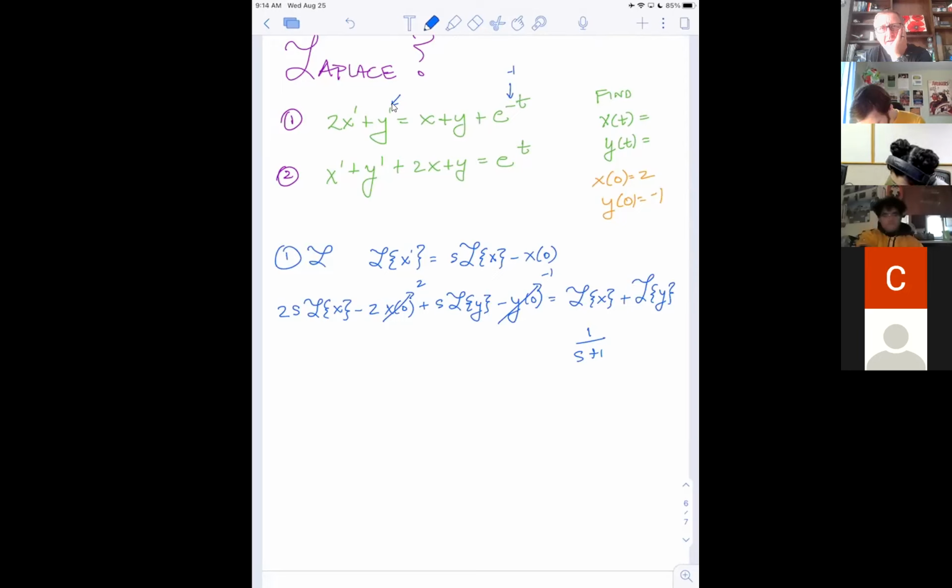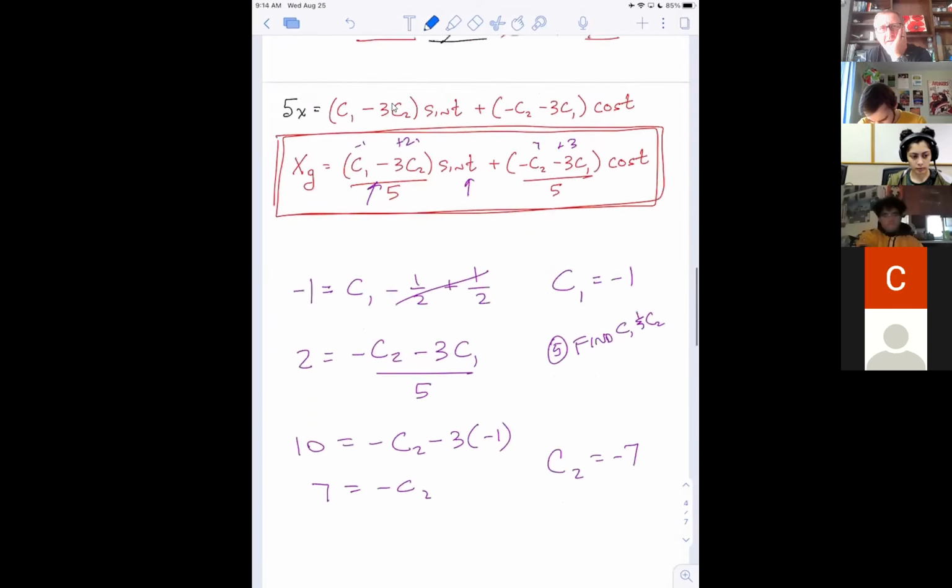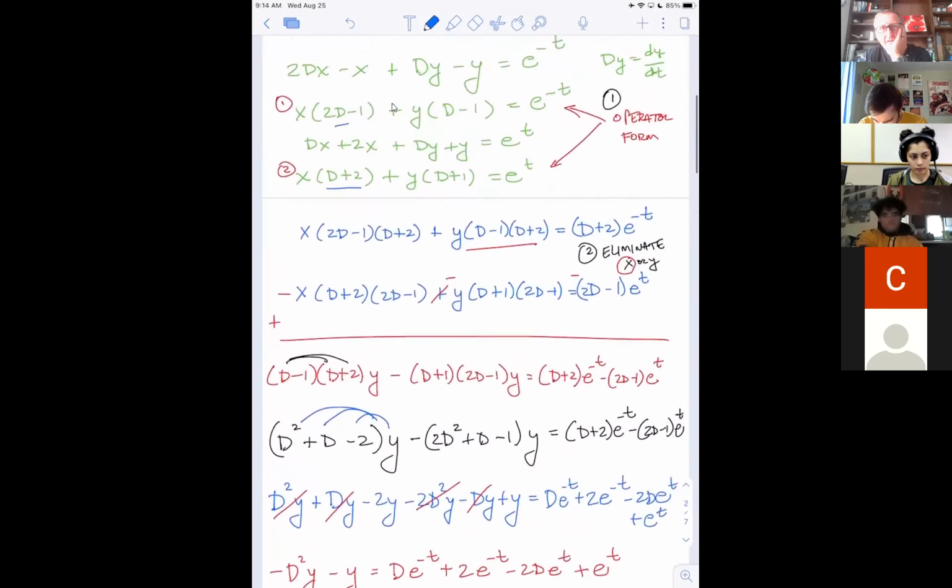Now, that sort of looks terrifying, but again, this is really important. Even though it looks terrible and a mess, what's cool now that was not cool before? There are no derivatives. Isn't that what we accomplished when we did this operator form thing?